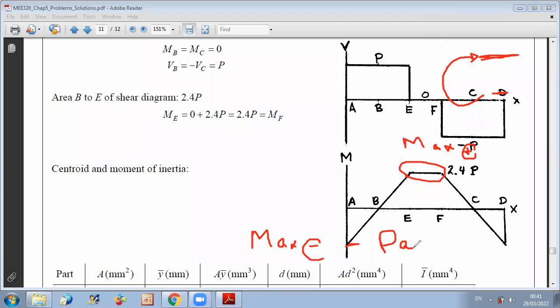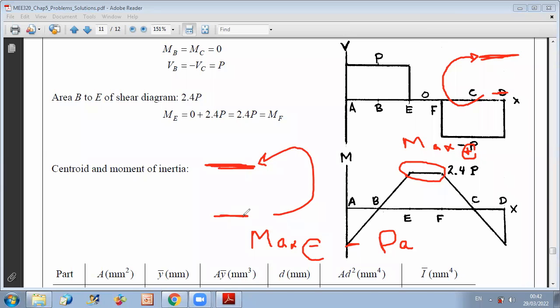Okay. Now, to start with, if I have a positive moment, which is taking place at E and F, a positive moment will cause compression of the upper part and tension of the lower part.